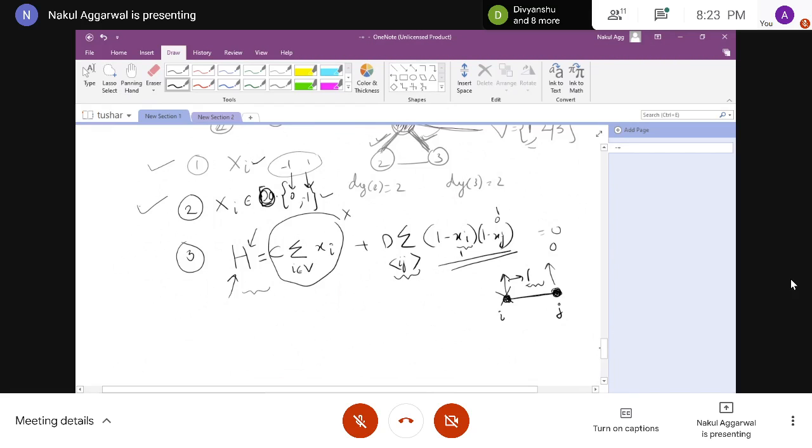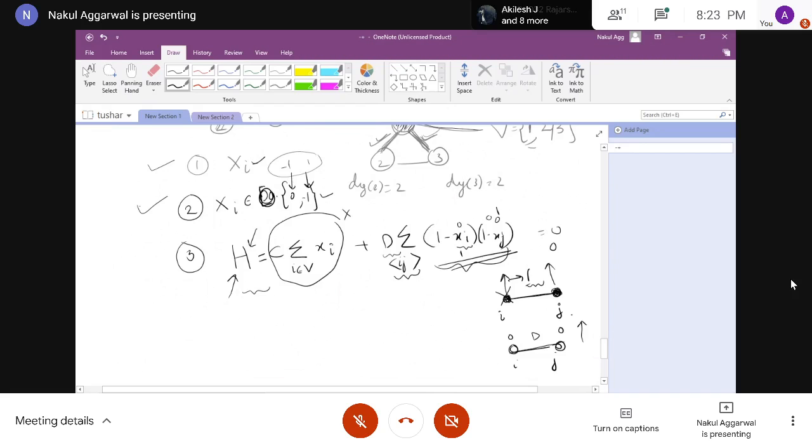Now the problem is if you do not color any of them. Then this will have value 0, and this will have value 0. So now you will have 1 minus 0, 1 minus 0. Overall, you now have a term D. So this basically increased your energy.